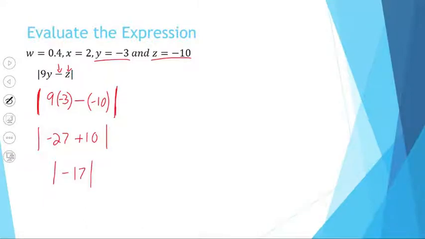Now we get to the absolute value. The absolute value of -17 is simply +17. All the absolute value does is make the number that's in there positive. It's not opposite, it's positive. So, for example, if my result was the absolute value of 17, the answer would still just be 17.